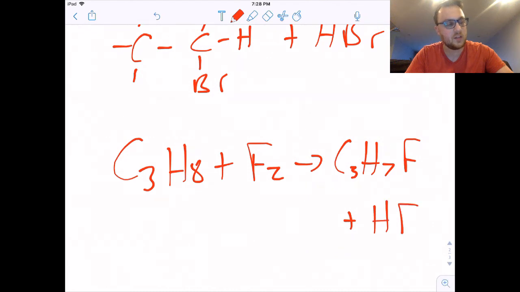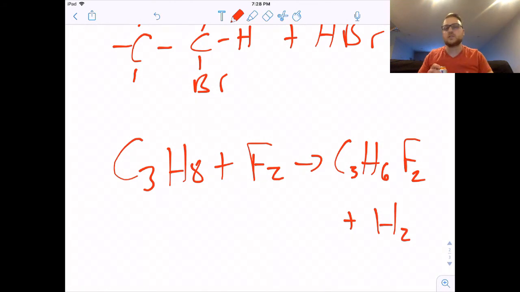Something along those lines. Something where they're not being added to the compound, they're being substituted in. Or maybe both F's will get added to this compound here, and the H2 pops out. Something where there's a switch, not an addition.